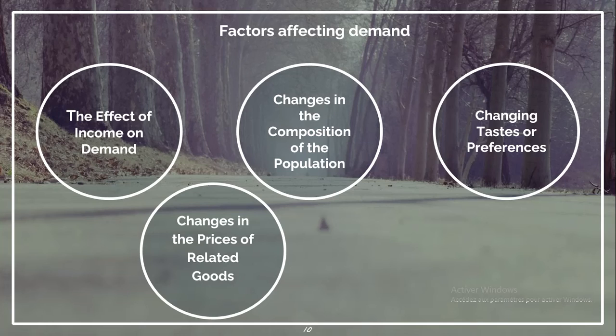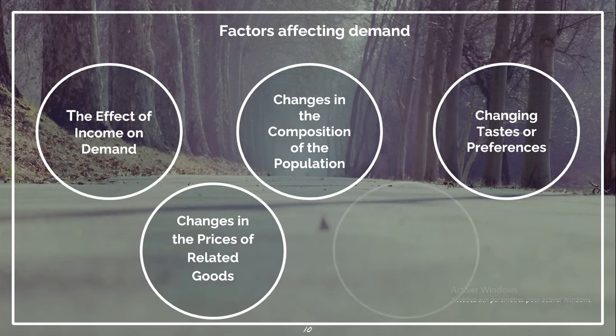Similarly, a higher price for skis will shift the demand curve for complement goods like ski resort trips to the left, while a lower price for complements has the reverse effect.